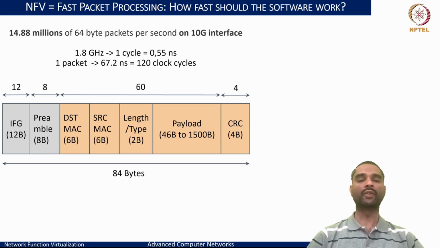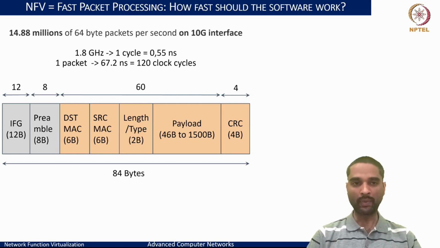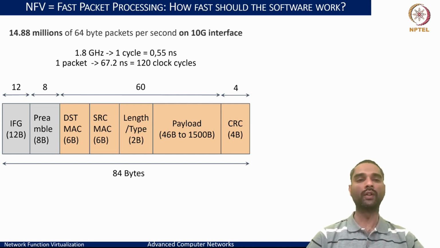And if we look at this and try to see, if we have a 1 gigahertz processor, one cycle roughly corresponds to 0.55 nanoseconds. Or if we have a 2 gigahertz, then one cycle corresponds to 0.5 nanoseconds. And on such a machine, if we now compute the number of CPU clock cycles that we can really spend to meet the 14.88 million packet processing per second, then it roughly estimates to around 120 clocks on a 1.8 gigahertz processor.